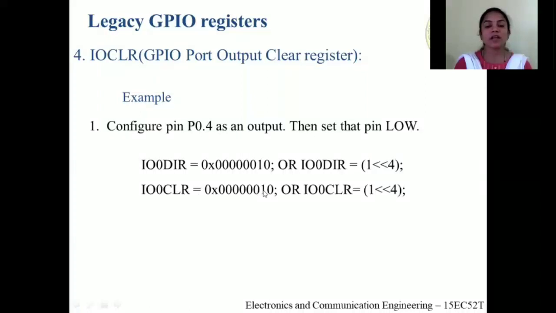We have to send the value 1 to make the port 0.4 pin low. So the hexadecimal equivalent value is 00000010. The first digit is for 0 to 3 and the next is for 4 to 7. Only bit 4 is 1, the remaining are 0. Therefore, the value is 0001. The hexadecimal equivalent value is 10.